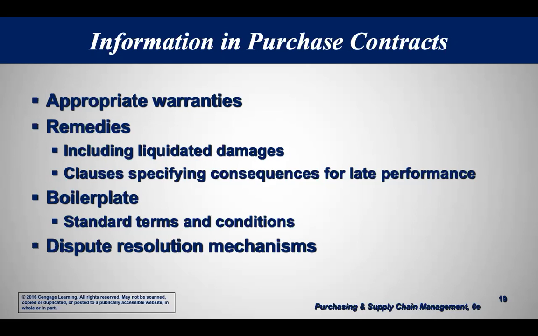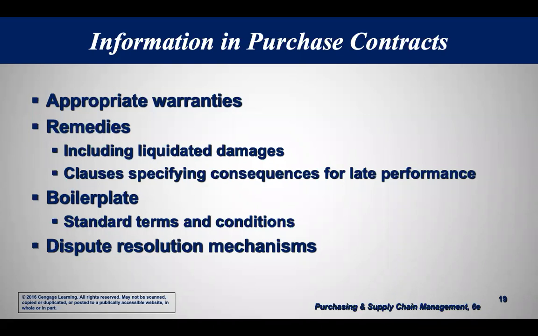Boilerplate, that's an English term for all the standard conditions at the back, sometimes referred to as the fine print. Generally, it doesn't get negotiated. Like that Shell one I talked about, there were like 100 pages of boilerplate, standard terms and conditions. And so you just need to be aware that it's there.